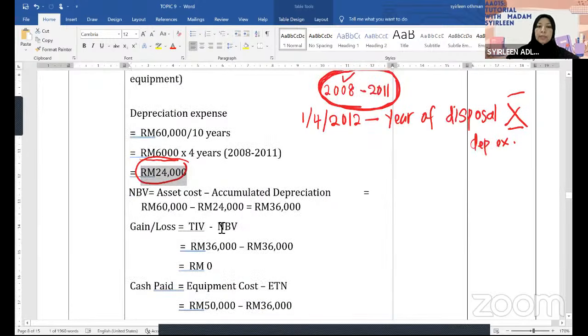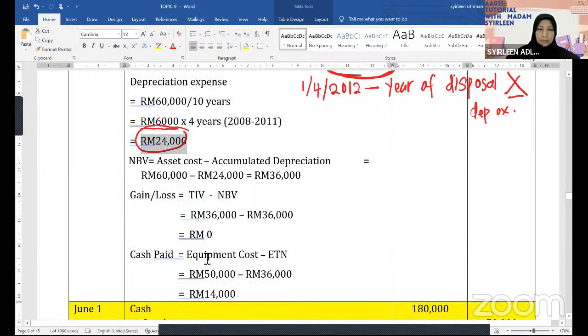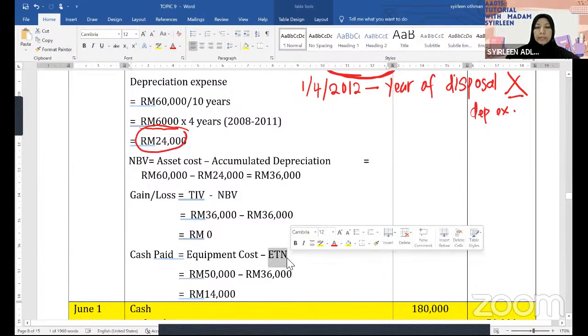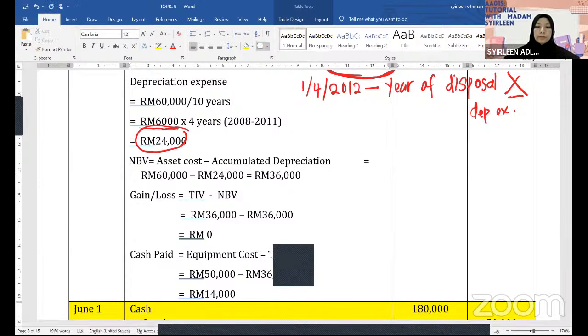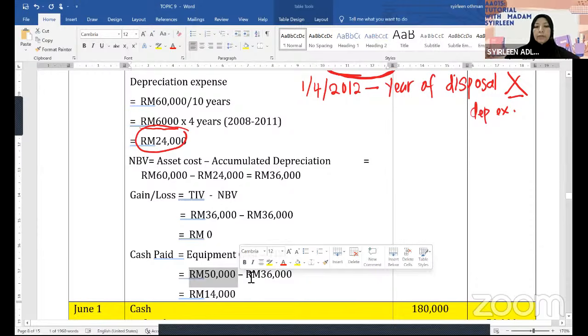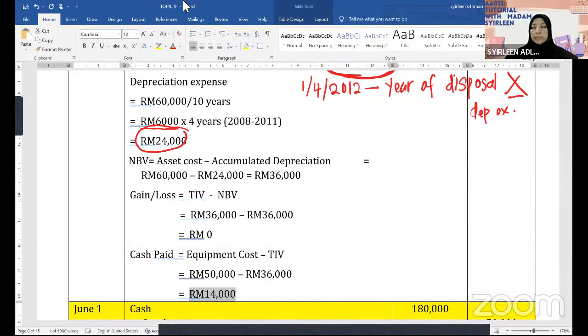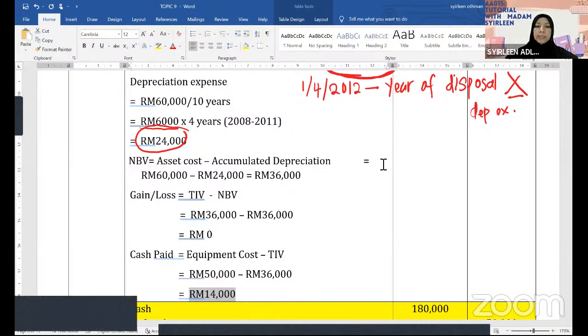Equipment cost, the new equipment cost, tolak trade-in value. Alright. So your new equipment is 50,000. Your trade-in value is 36,000. So nilai dia sama je. By using both basis, kita masih akan catat nilai yang sama.